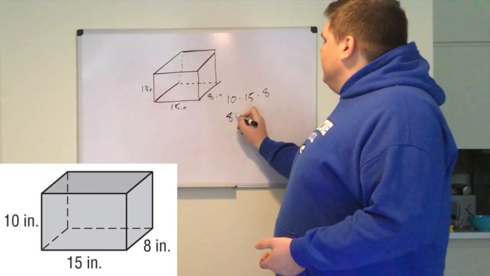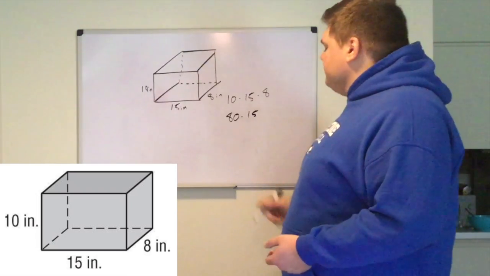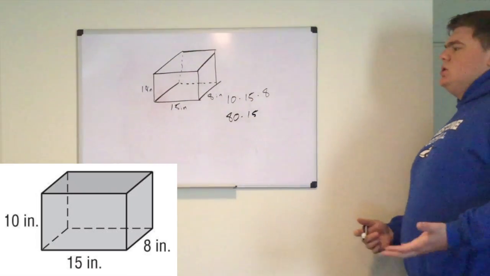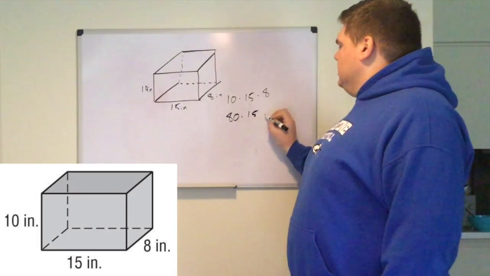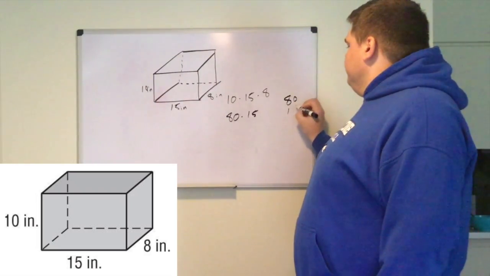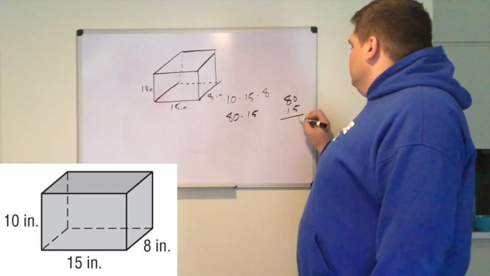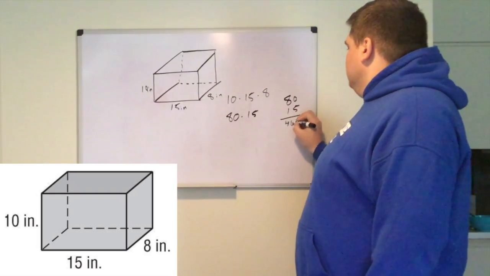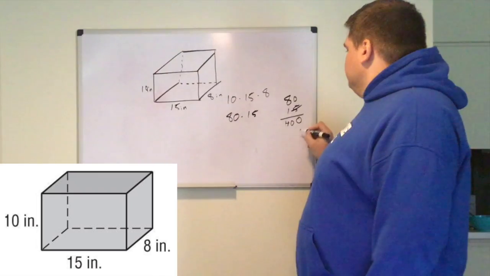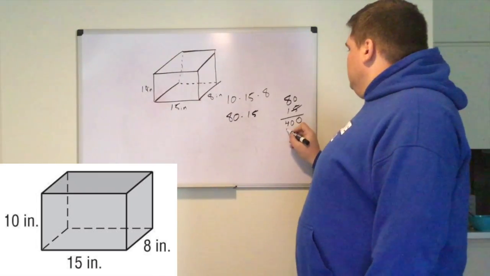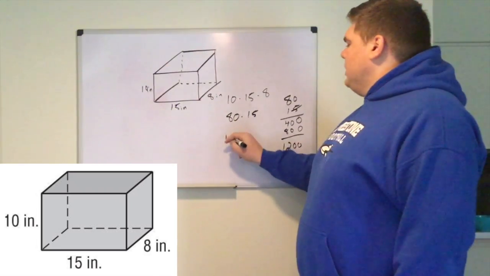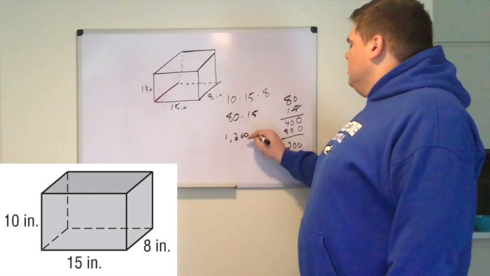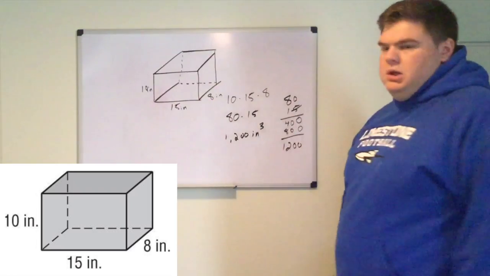If we simplify that, we have 80 times 15. So that should give us about, I think, 840. I guess we should double check that. And I was way off. So about 1,200 inches cubed.